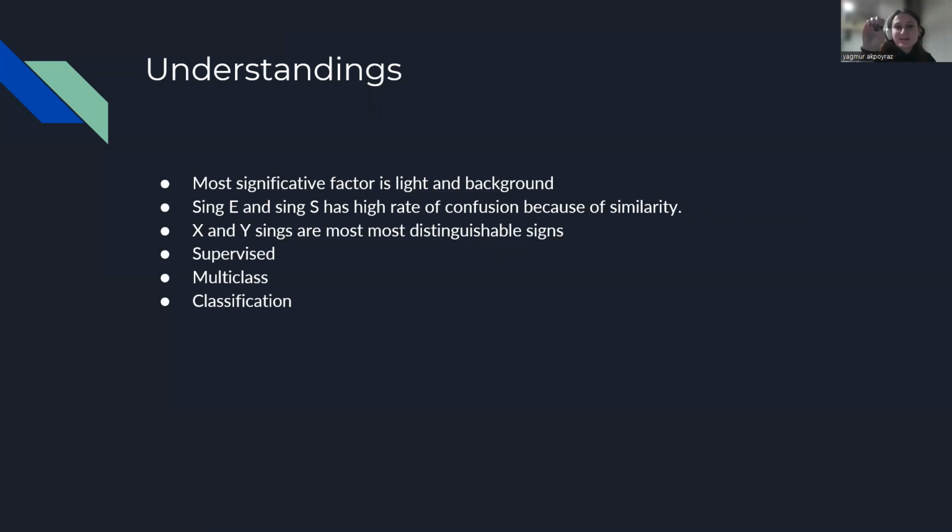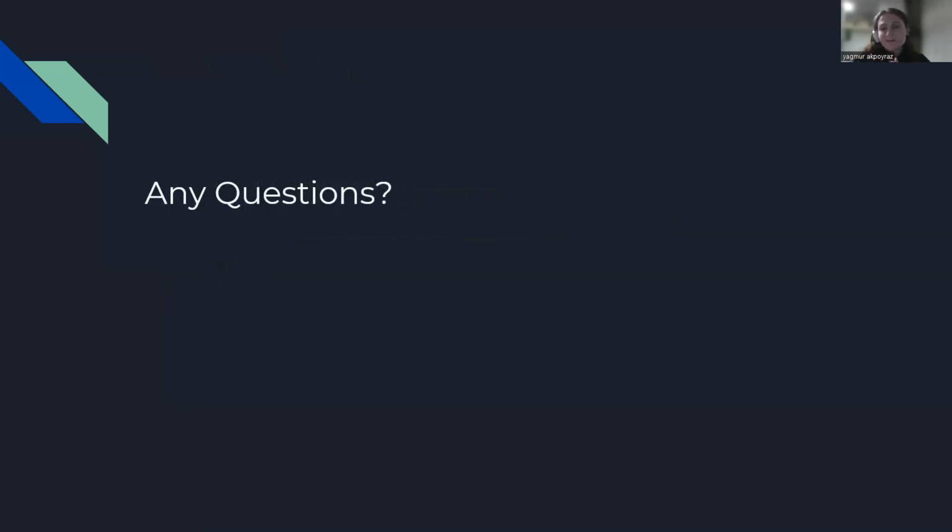It is A and it is S. We were expecting these values. X and Y signs are the most distinguishable signs. It is labeled, so it is supervised and multi-class, and we made a classification here.